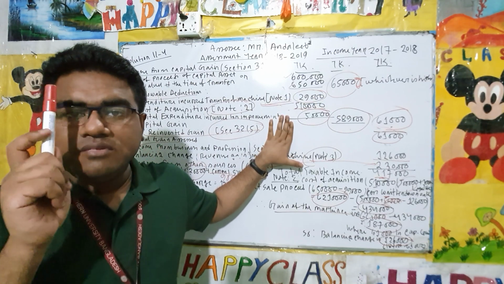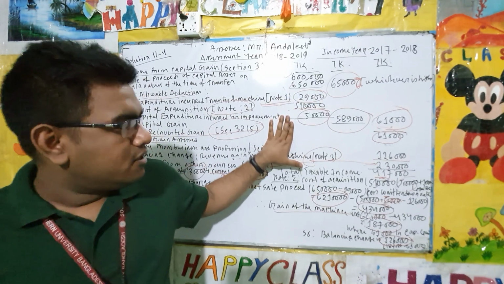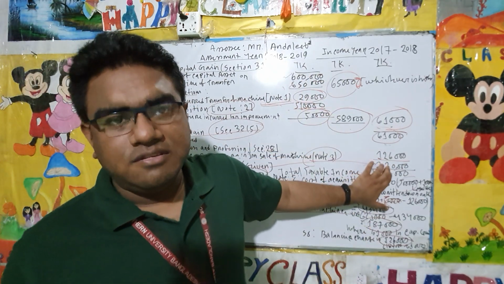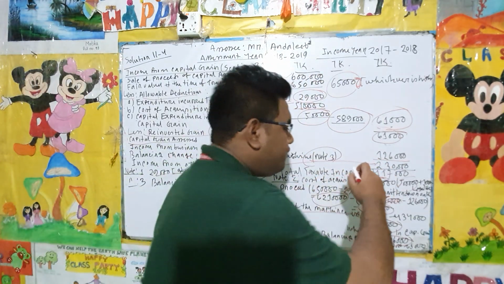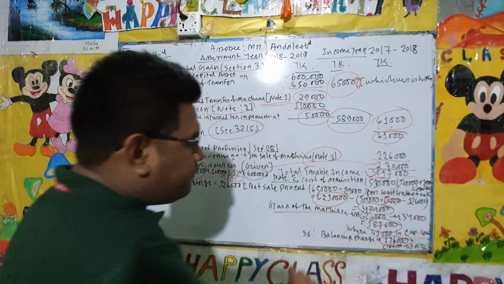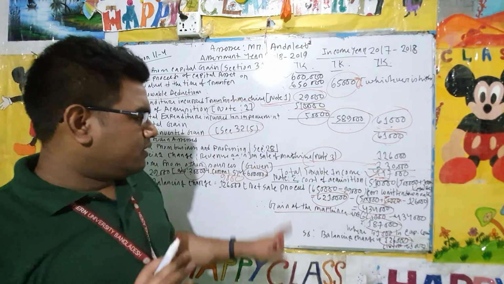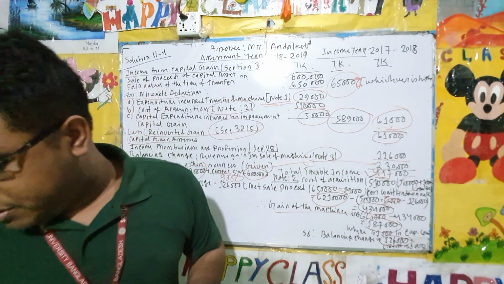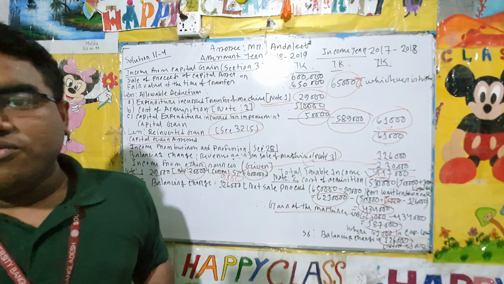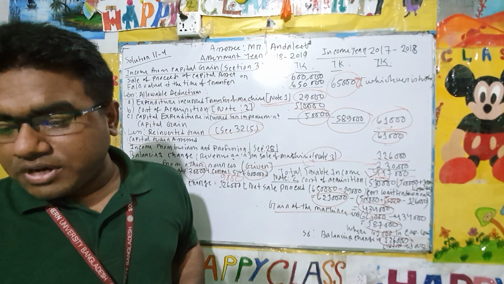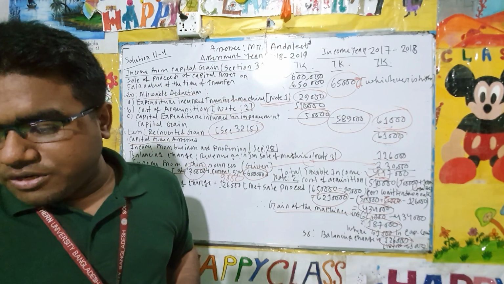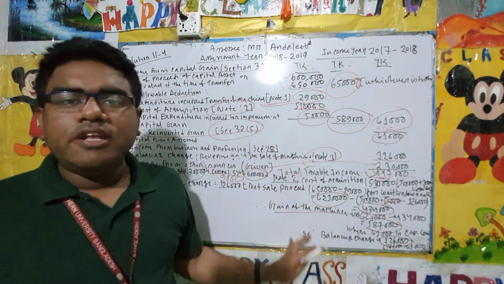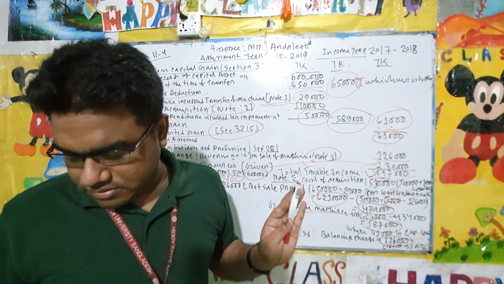If you can make all the notes clear, you will automatically get the answer. The answer is finished here, but after showing the total taxable income, you need to show all the notes required.